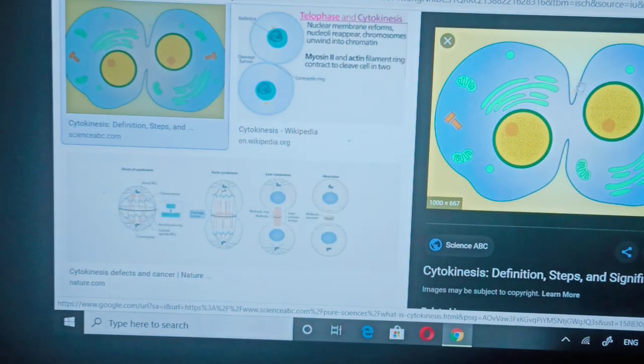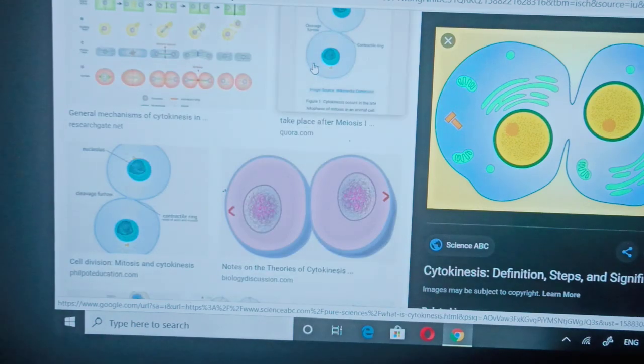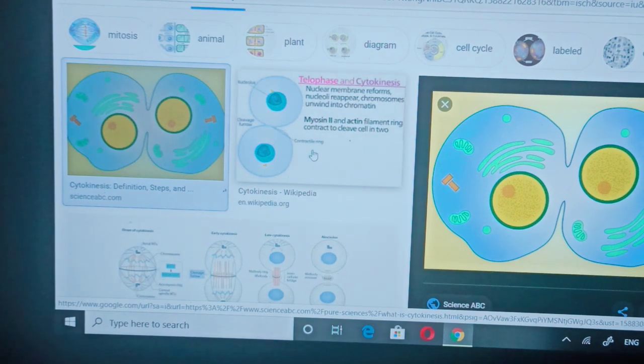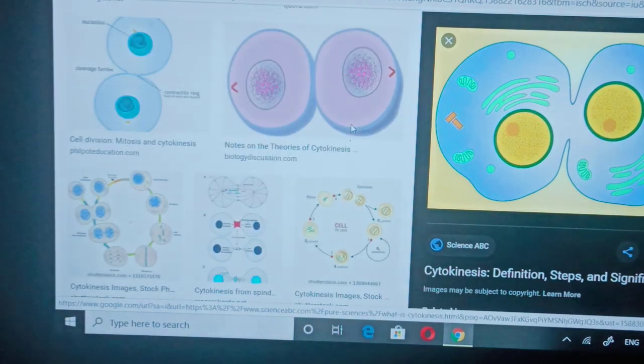It makes a furrow here, and ultimately after the cytokinesis, what do you get? You get two daughter cells. That means the cell divides into two daughter cells by the process of cytokinesis, going through the interphase and coming to the prophase. And then what?